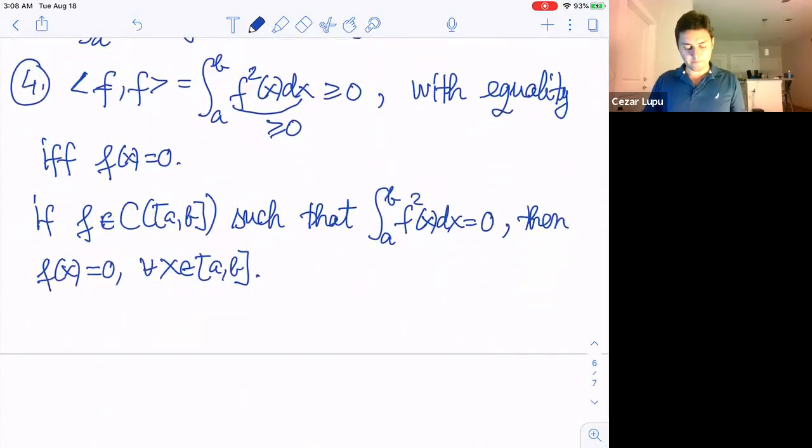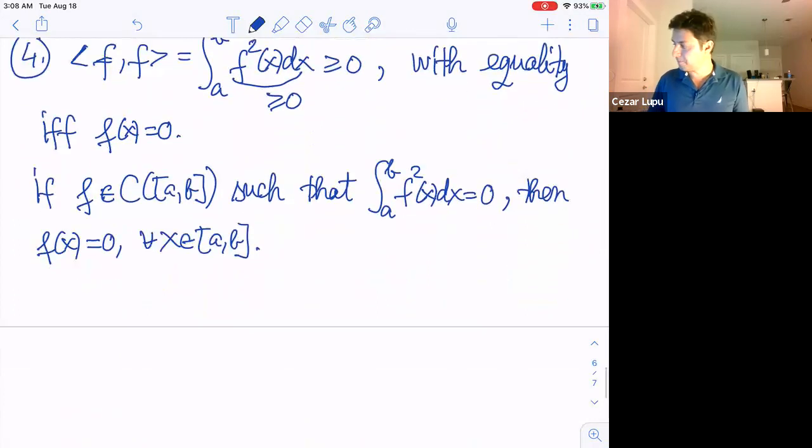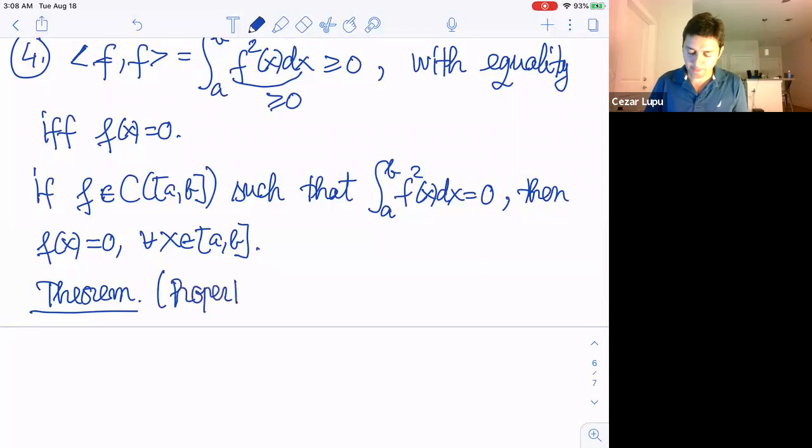Okay, now let's state the following theorem. Basically, this theorem will be about some properties of inner products.